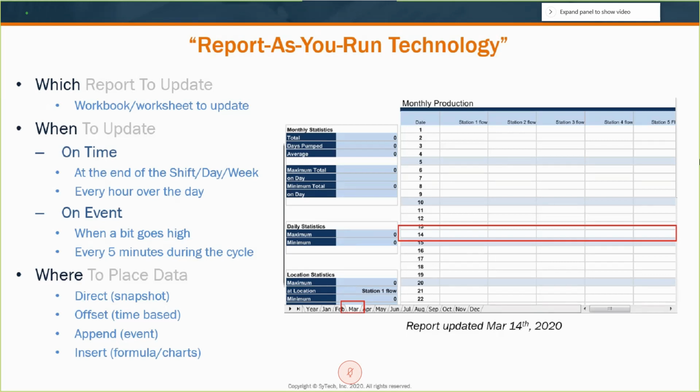But if you look at the picture, this report was updated on March the 14th, 2020, and XLReporter knew exactly which tab and exactly which row the data had to go in. This is an example of offset placement.